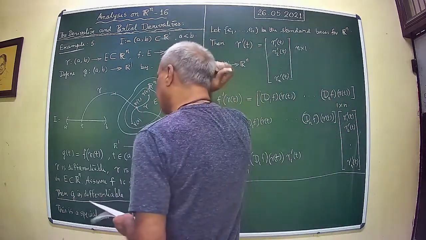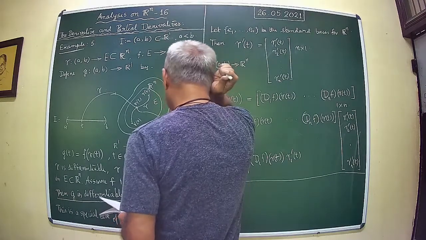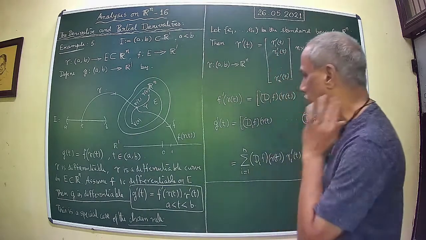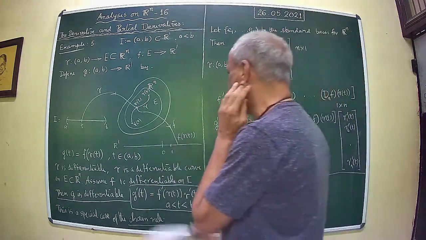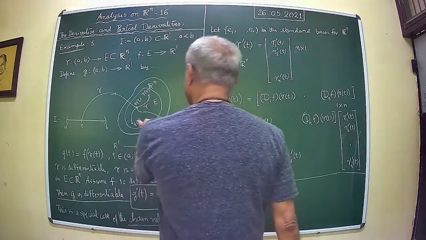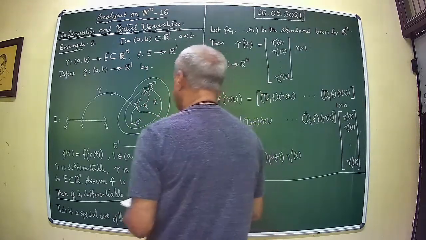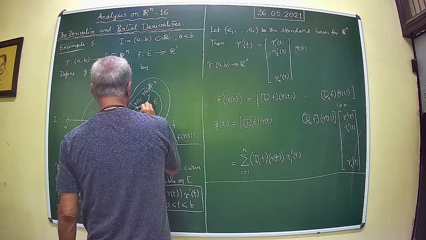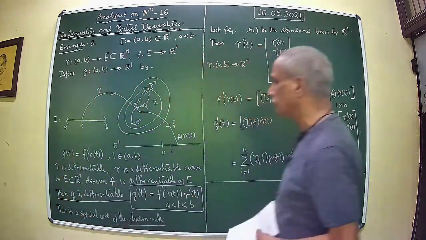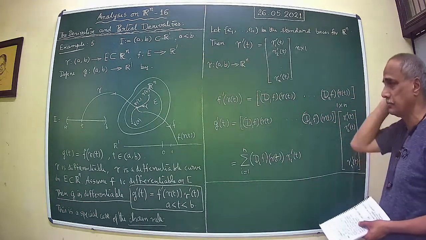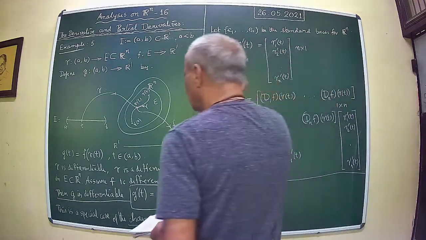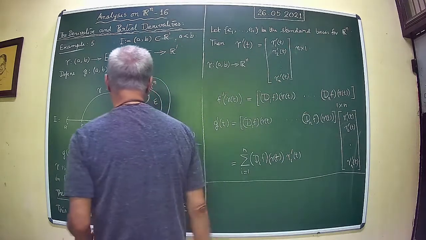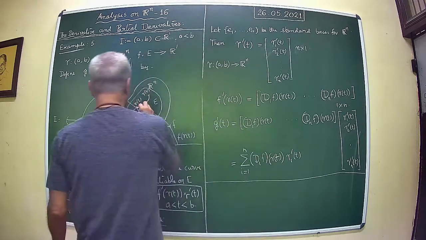For instance, a function that you can talk about is the speed. Gamma derivative of t gives information about the velocity. These are the direction ratios of this particular vector.